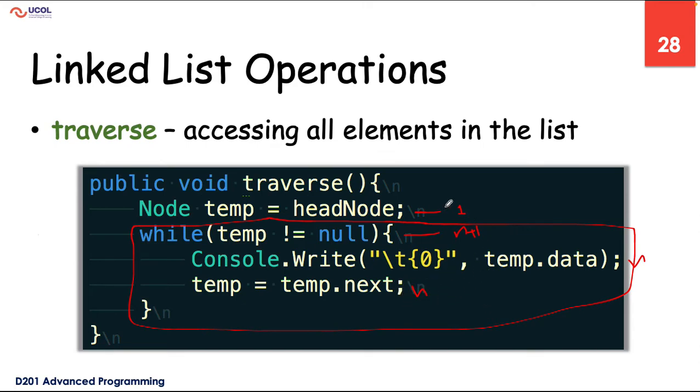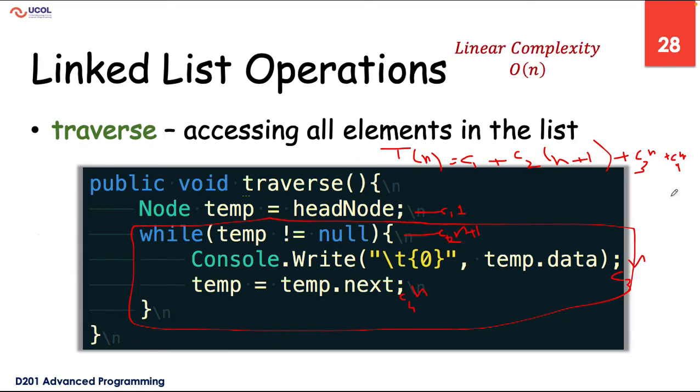So with costs c1, c2 for n plus 1, c3 for n, and c4 for n, if we create the equation, T(n) becomes c1 plus c2 times (n plus 1) plus c3 n plus c4 n. Okay, so that becomes a linear equation. So the time complexity of this algorithm is O(n).